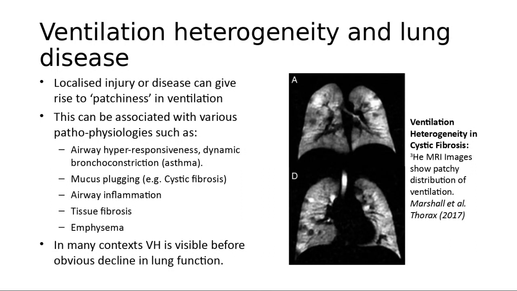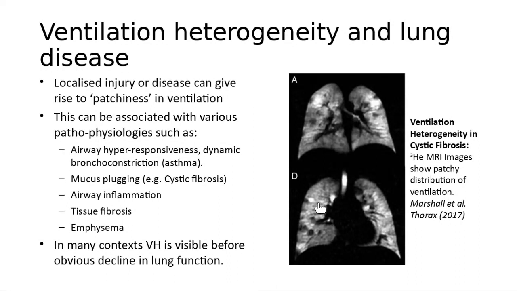This is where gas isn't reaching particular areas, and this can often be a sign that some treatment needs to change or some new treatment needs to be introduced, and is generally missed by a lot of clinical tools used to check lung function, such as spirometry, which are quite blunt and don't really pick up these small scale changes. So this is where different measurements come in, like MRI.